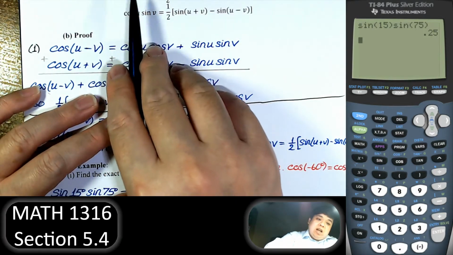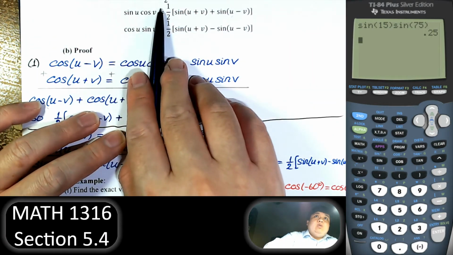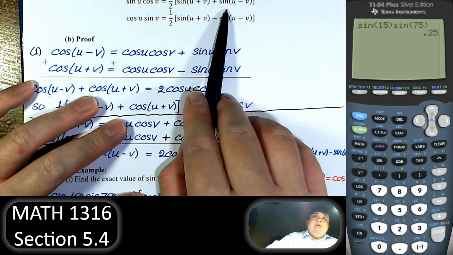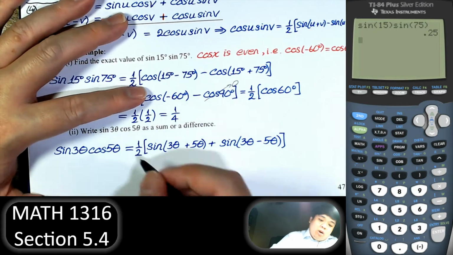Right, so sine of u times cosine v is 1/2 of sine of u plus v plus sine of u minus v. So that's exactly what we have.